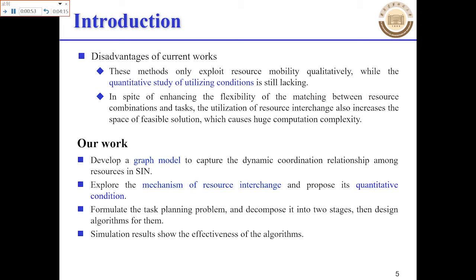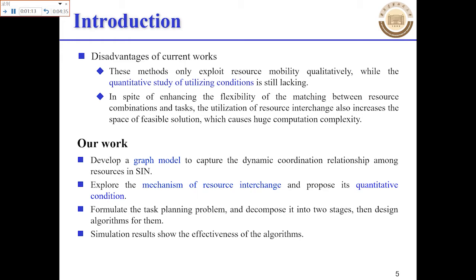To this end, in this paper, we aim to propose a two-stage task planning strategy based on resource interchange. We first develop a graph model to capture the dynamic coordination relationship among resources in SIN.